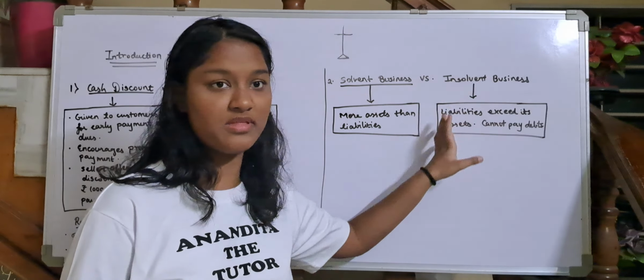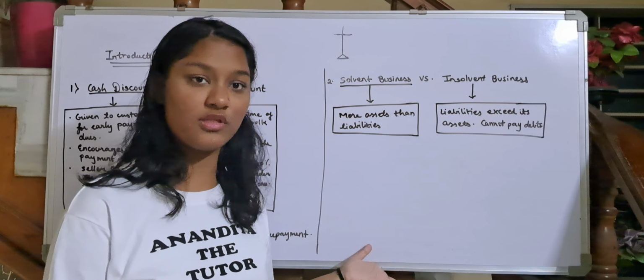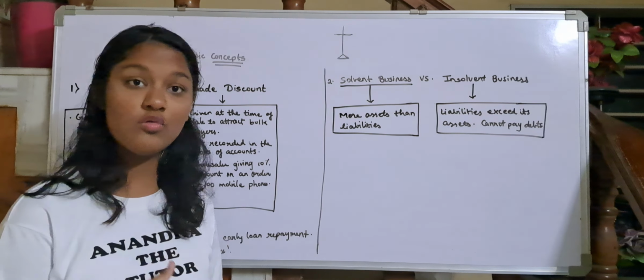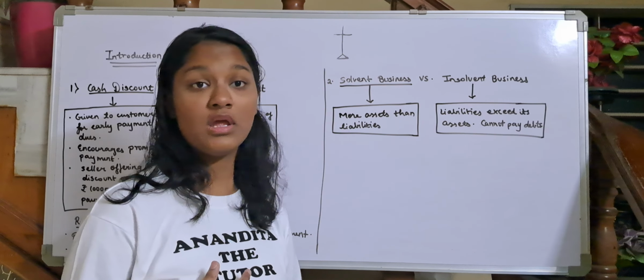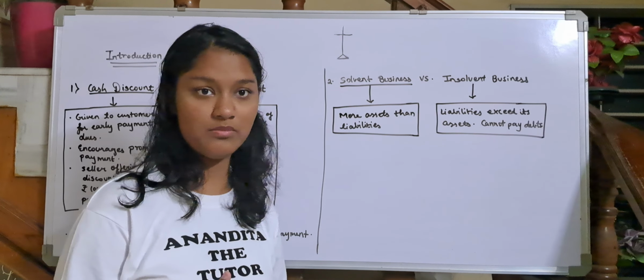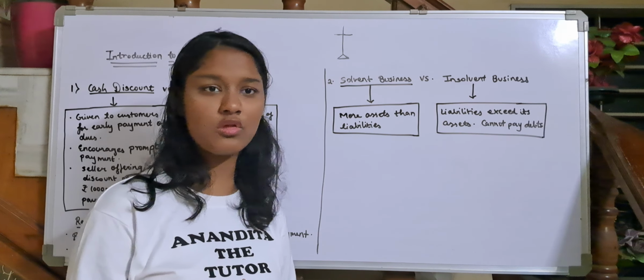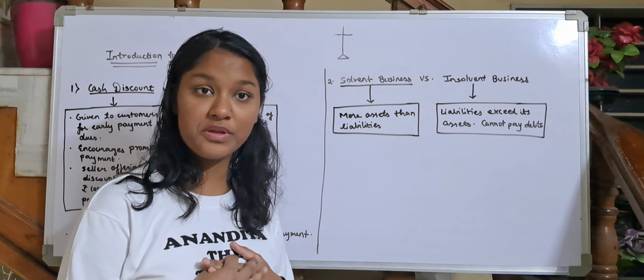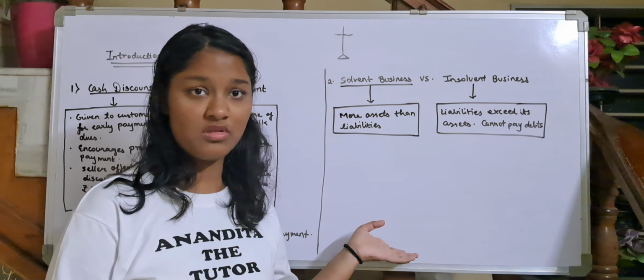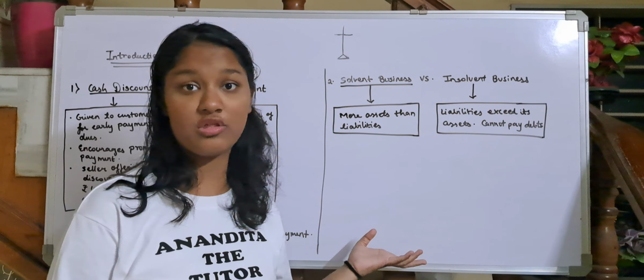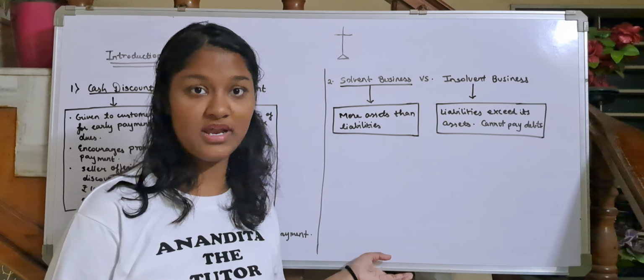In an insolvent business, this is the opposite. My dues are more than my income, whatever money I have is less than what I owe. So I have 2 lakhs in my account and I have to pay 5 lakhs. I don't have that much money to pay, right?